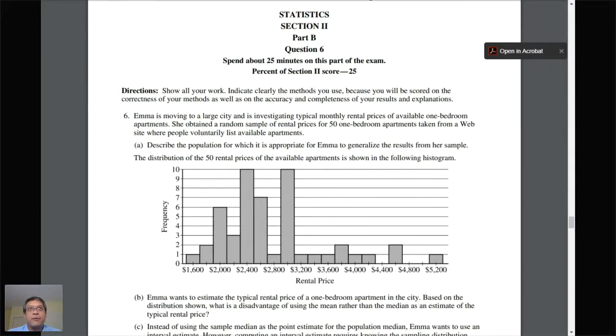Certainly, it was not as difficult for Emma to do it this way. She would have had to do a true random sample of apartment prices in the area she was looking at. She would have had to cast the net a lot wider. Sometimes it's harder to do the statistics that you expect to do, but you can still get a fair amount of mileage out of what you have available to you.